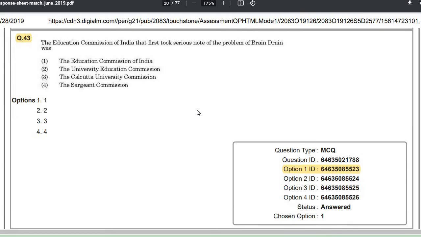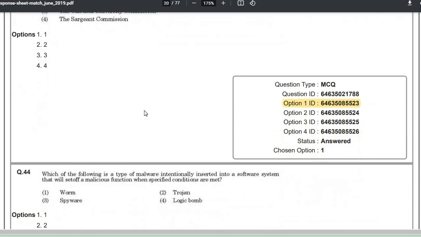Now coming to question number 43. The Education Commission that first took serious note of the problem of brain drain was the Education Commission of India, which is option 1. Option 2 is the University Education Commission, then the Calcutta University Commission, and the Sargent Commission. For this, the correct answer is the Education Commission of India.